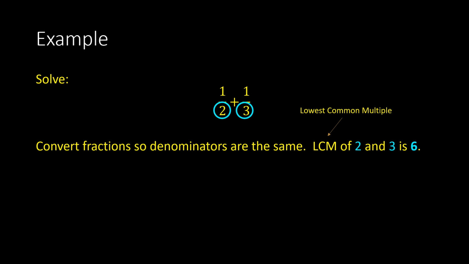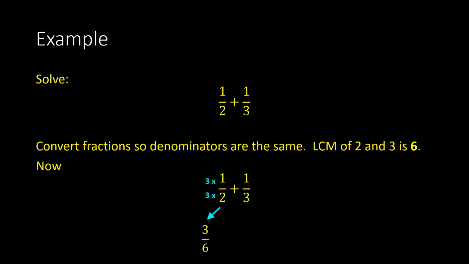Now that we know the LCM for this example, we can convert the fractions so that they can be easily added. We're going to multiply the numerator and denominator of a half by the same number 3 to give a half equals 3 over 6.